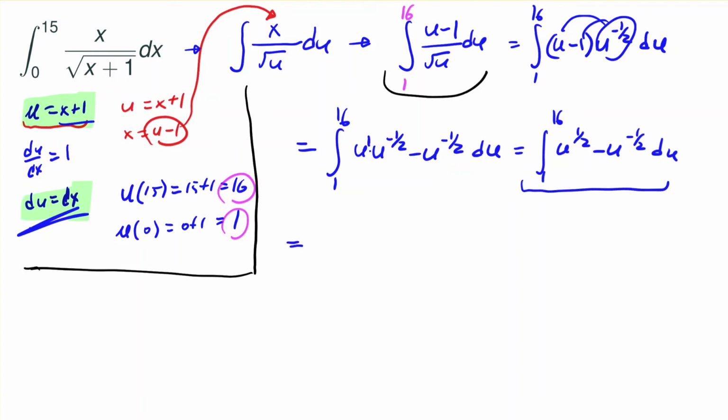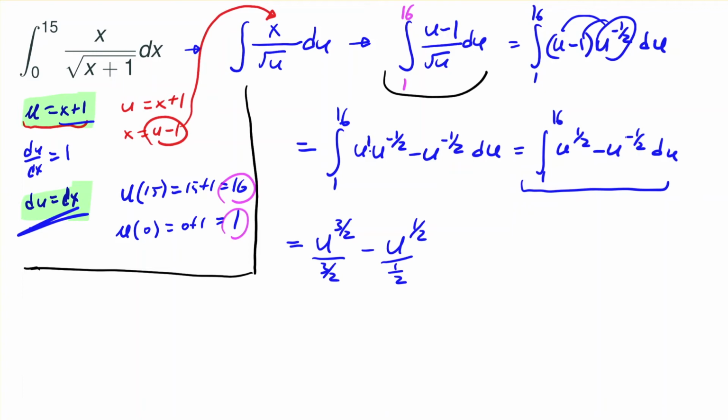Okay. So this one gives us u, add 1, 3 over 2, divide by the number, right? Minus, add 1, which is half. If I add 1 here, I get positive half. Divided by the number. And again, we don't need to write plus c because this is a definite integral.